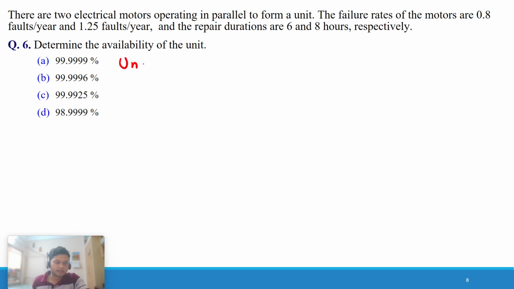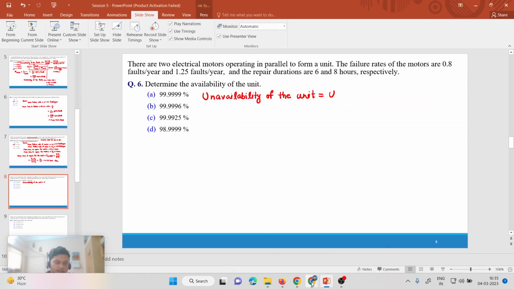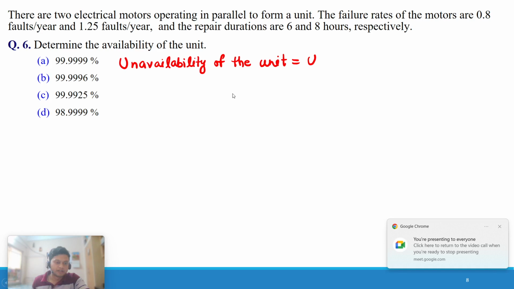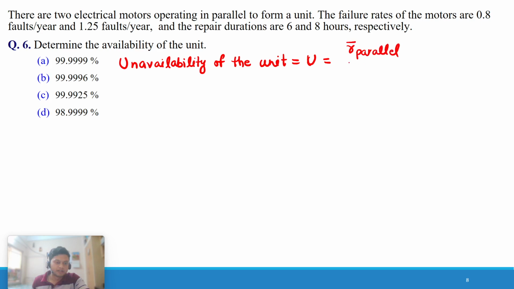We know that the unavailability of the unit is R bar parallel divided by M bar parallel plus R bar parallel, the mean time between faults.